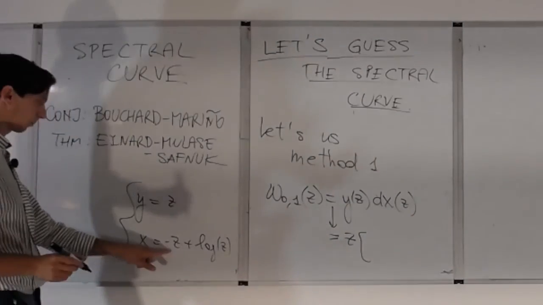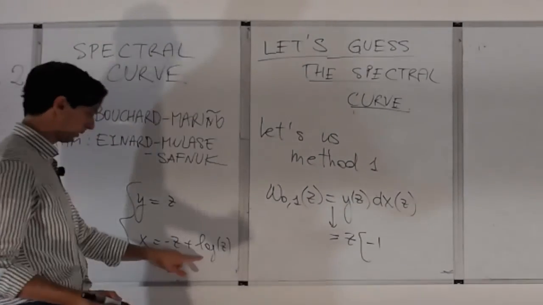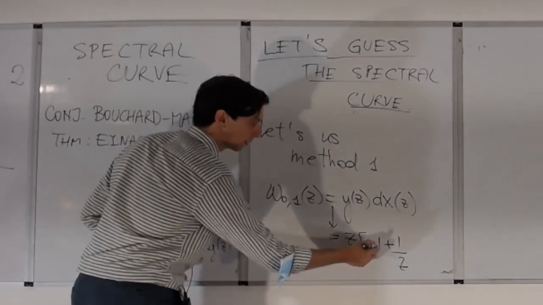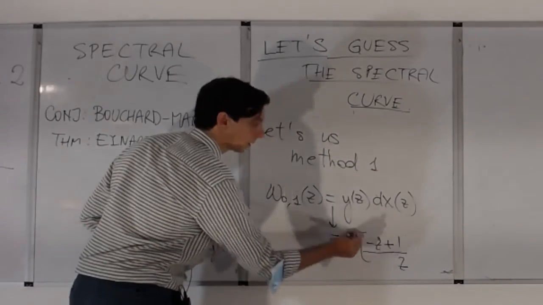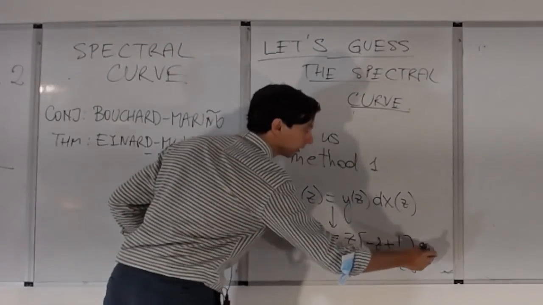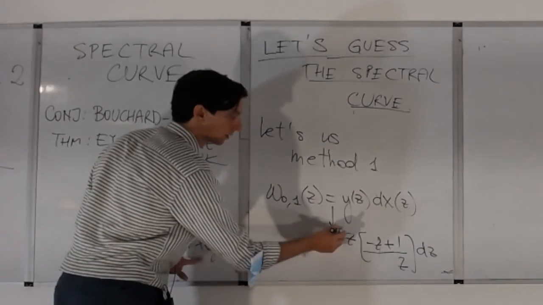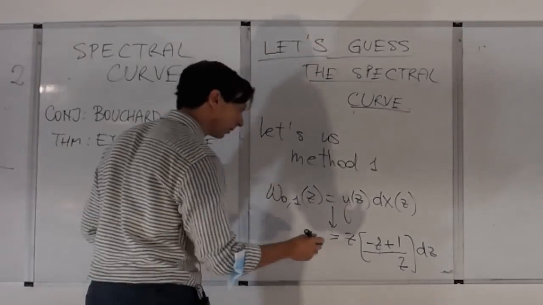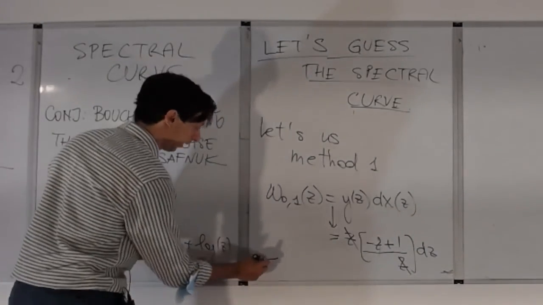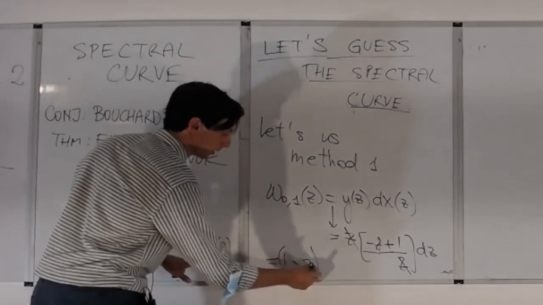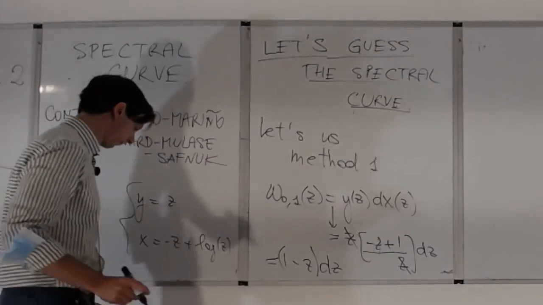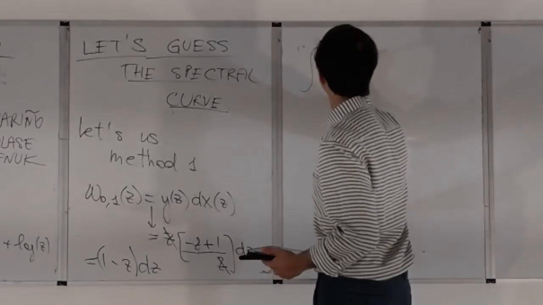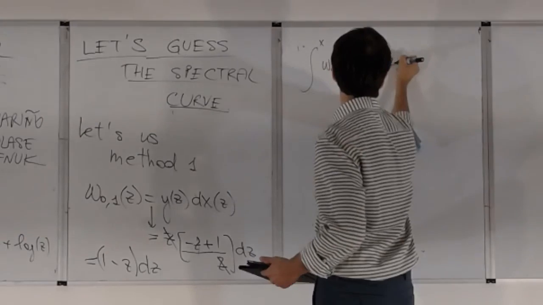This is minus 1, and then 1 plus 1 over z. Okay, but then I multiply here, and this is the x, and then I can erase this and that. So at the end of the day, I just have 1 minus z dz. If I take the integral of omega 0,1, this is going to give me just that.